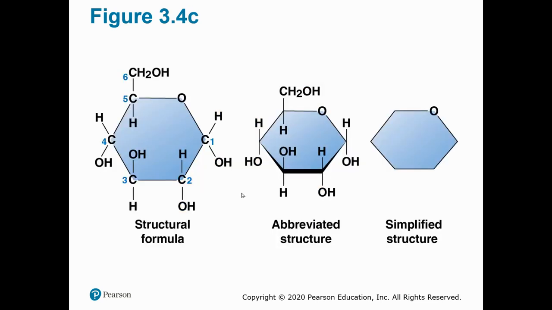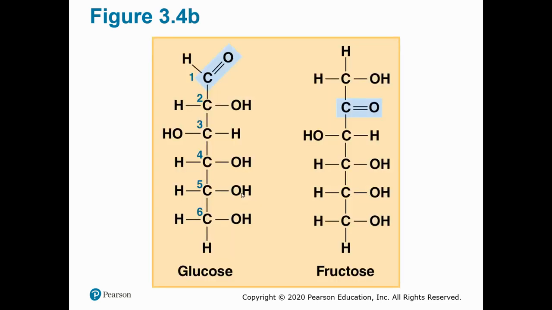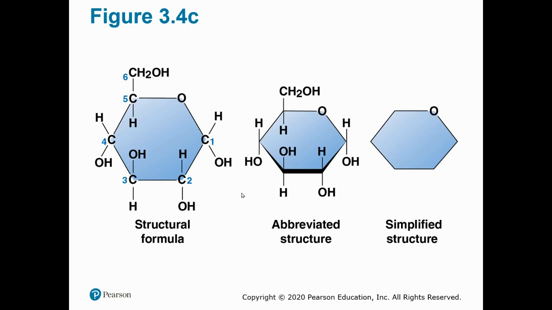This is another way of writing them. It's the same thing. They can come either in a straight form or in a ring form. When you see them written in the book, sometimes they're written like this, like on the right hand side, where you just see this hexagon.